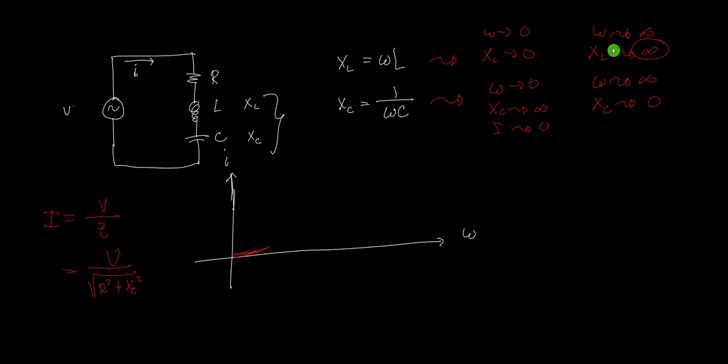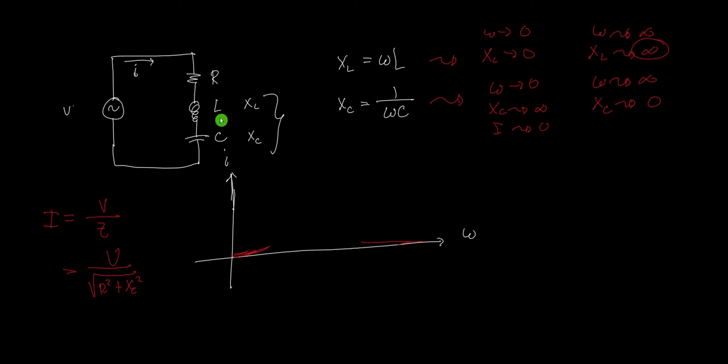When the frequency approaches infinity, the inductor acts like an open circuit, while for the capacitor, when the frequency is low or zero, the capacitor acts like an open circuit. So somewhere here, if it's high frequency, our current is also zero.